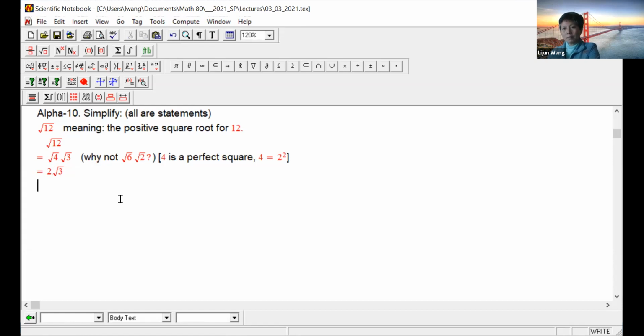Do you follow me? So next, I want you guys to try a few. Please try some in alpha 10. Choose any 3 of your choice. I hope you will choose 3 hard ones that appear hard to you.